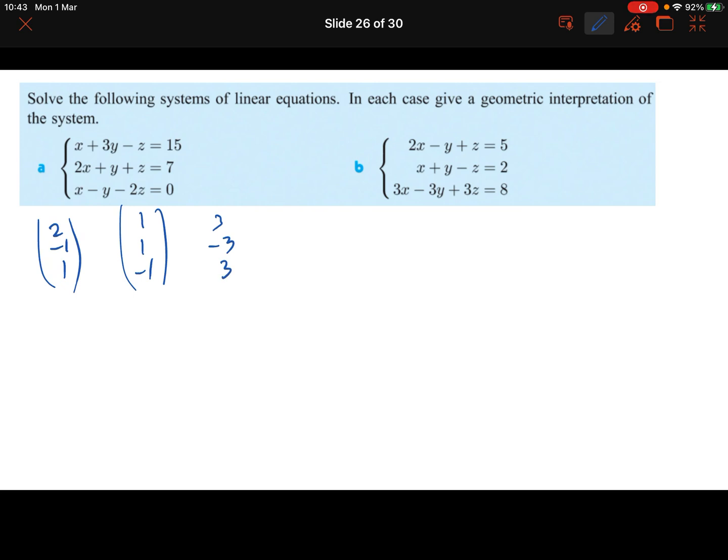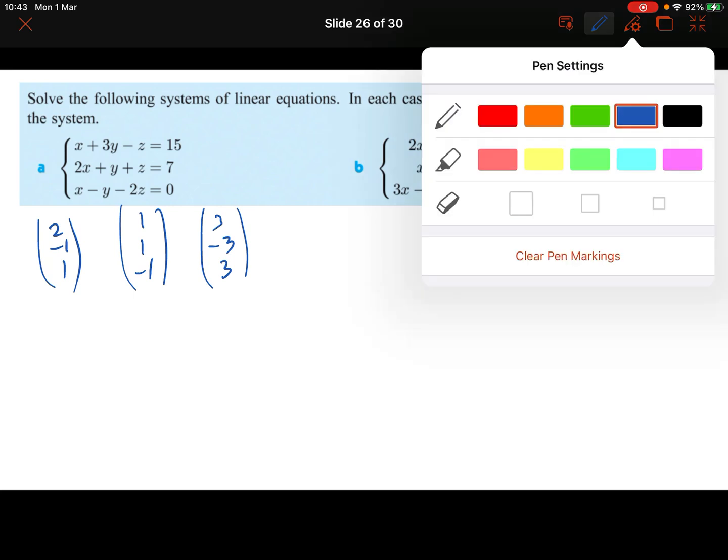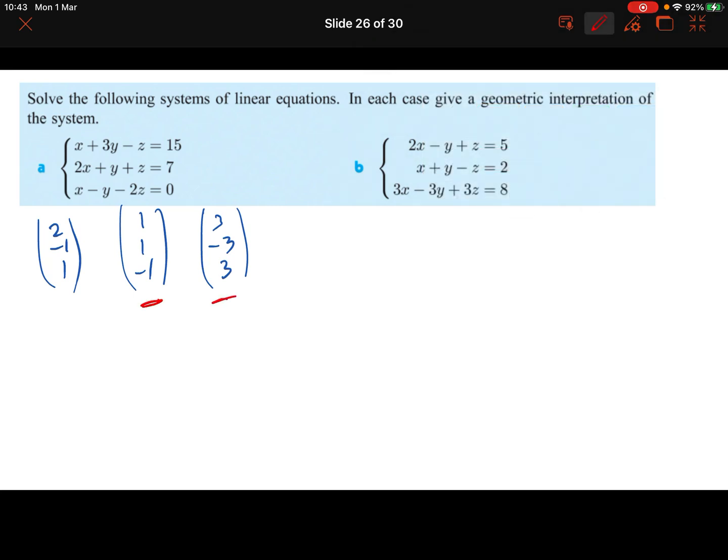Have I got anything that makes these parallel? I don't believe that I do, actually. I'm intrigued by this one and this one. If I multiply this one by 3, it doesn't quite work, does it? It certainly doesn't work with the other one. So again, we've got nothing there that is parallel whatsoever.